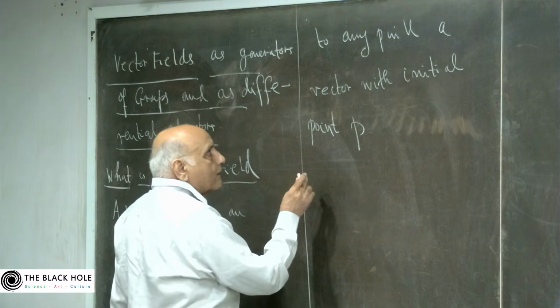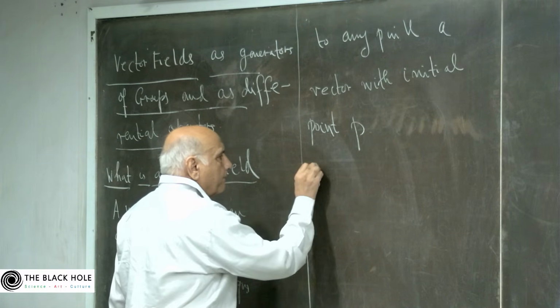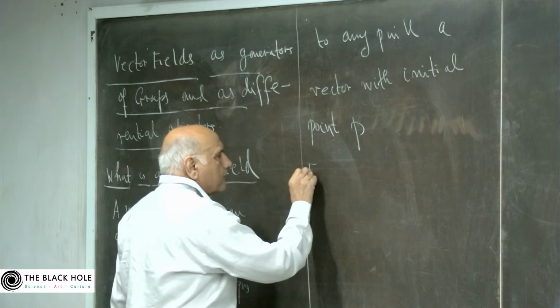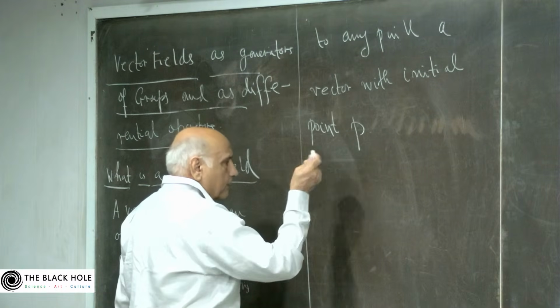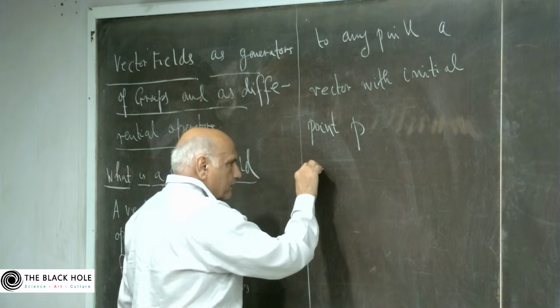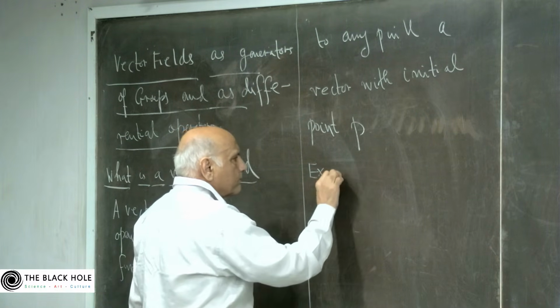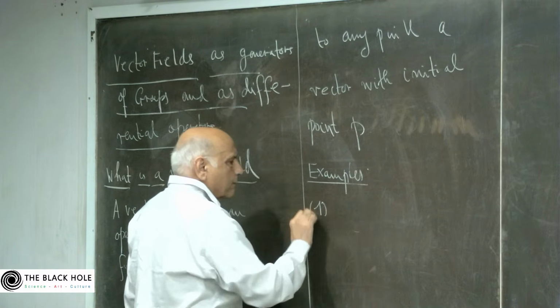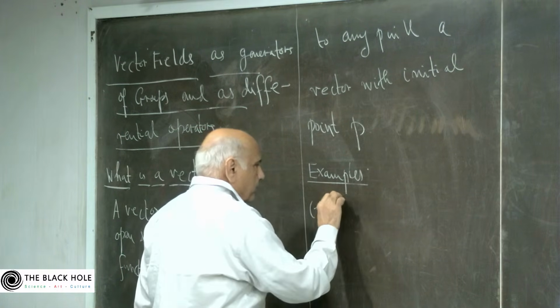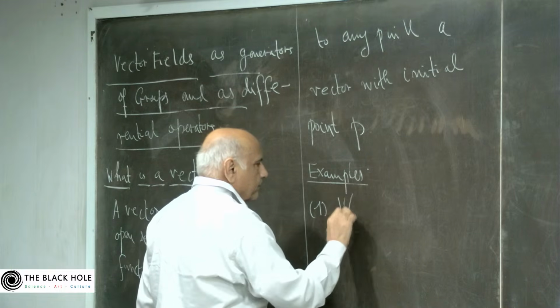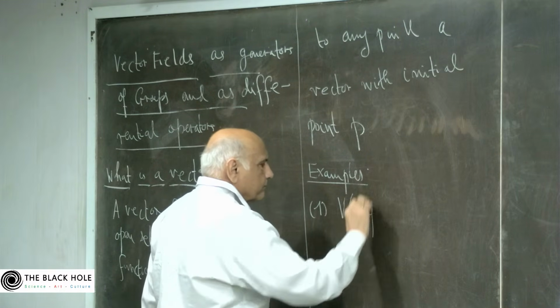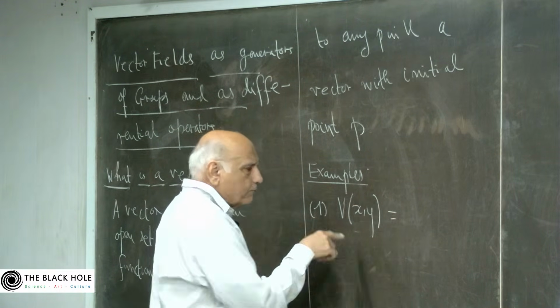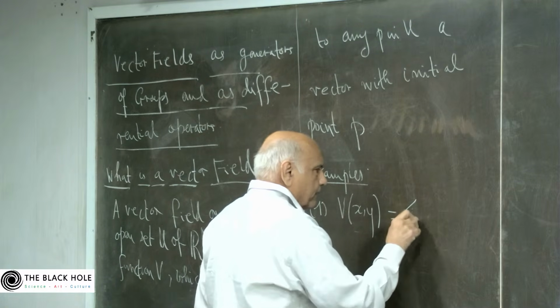So examples, and I'll give you a more mathematical definition in a minute. So number 1 is V of (x, y), and to separate points from vectors I am going to use brackets, equals (1, 0).